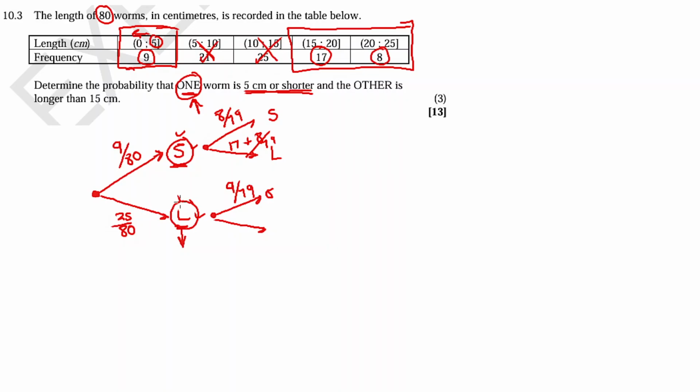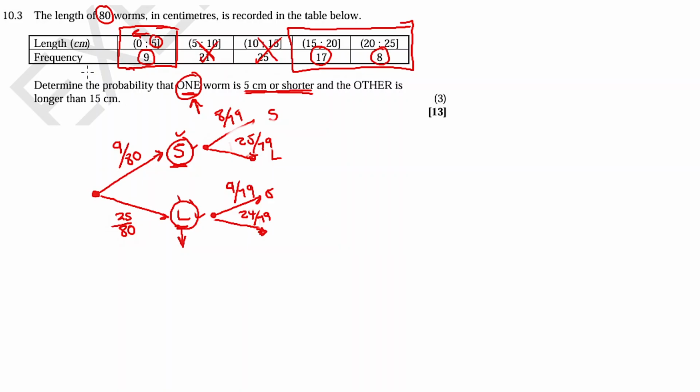And then here, since I chose the longest one, it's going to be 24 over 80. Then here it remains as is, about 25 over 79. Okay, now 79, not 80, because you chose one.